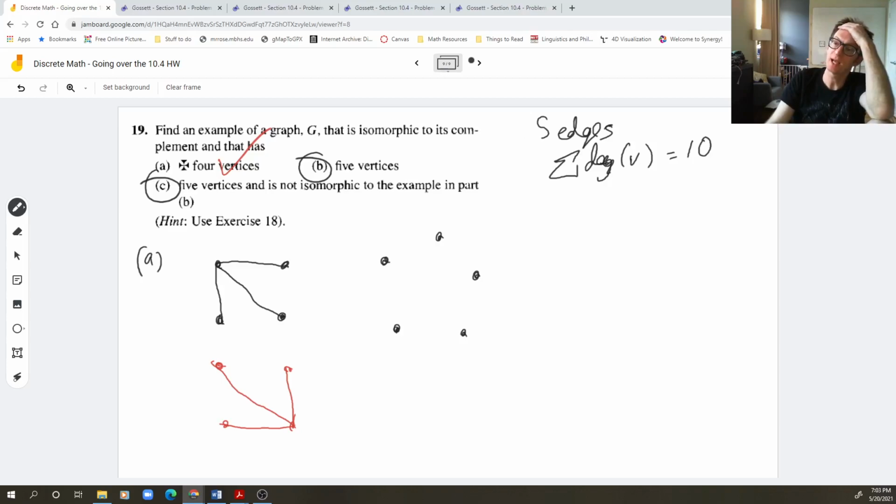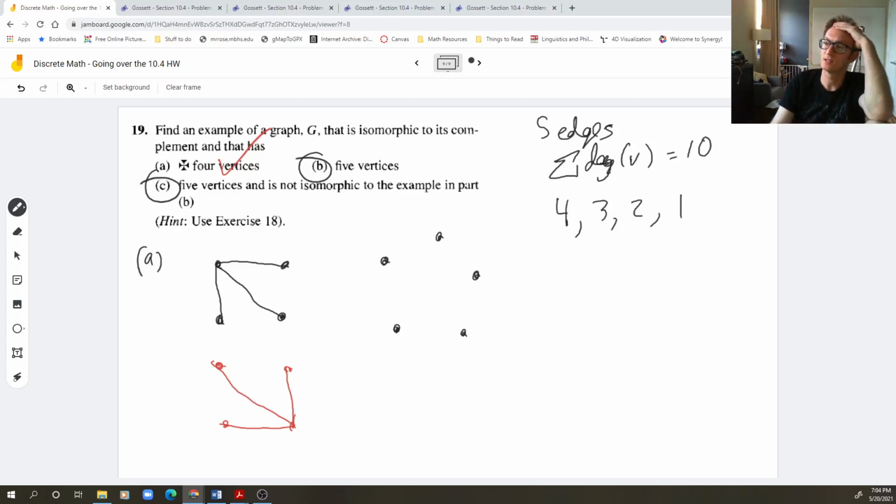So can I maybe do something like 4, 3, 2, 1? No, the sum's not going to be 9. The sum is going to be 4.